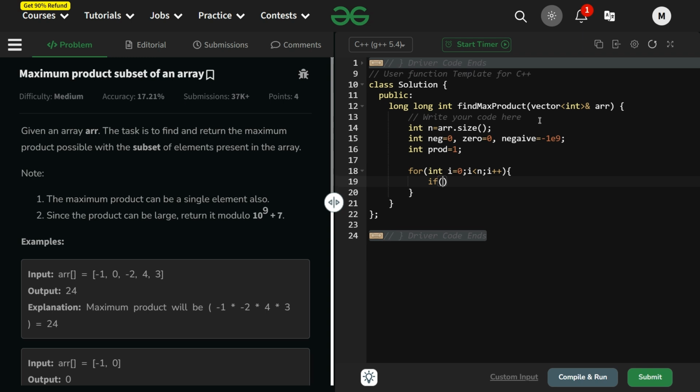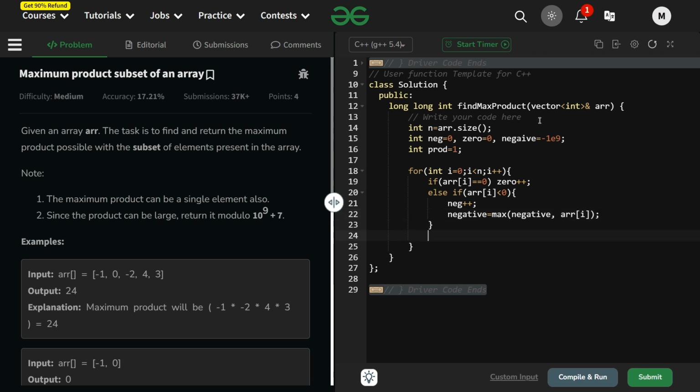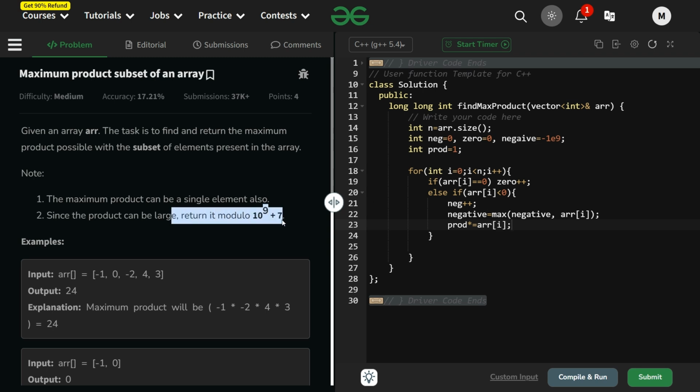My first case is if the array element is equal to 0, just increment the 0 counter and do nothing. Else if my array element is less than 0, that is, it is a negative, so increase the negative counter and update your negative as well. So negative equals max of current negative and the array element arr[i]. These are the two things you have to do. Also, you have to multiply, so product star equals arr[i], and it has been mentioned that we have to return the answer modulo 10 to the power 9 plus 7.